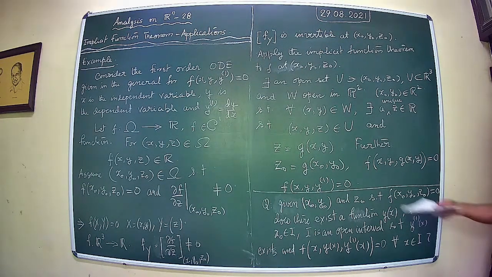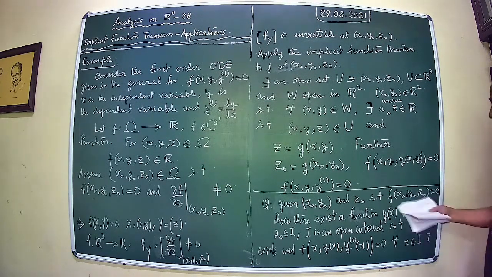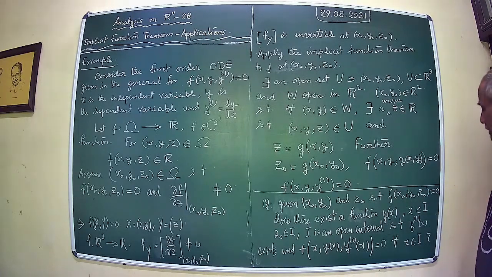And this x naught, y naught turns out to be the initial data. And z naught is automatically fixed because of the condition that f of x naught, y naught, z naught is equal to 0. Z naught cannot be arbitrary because z naught is bound by the condition that f of x naught, y naught, z naught equal to 0.